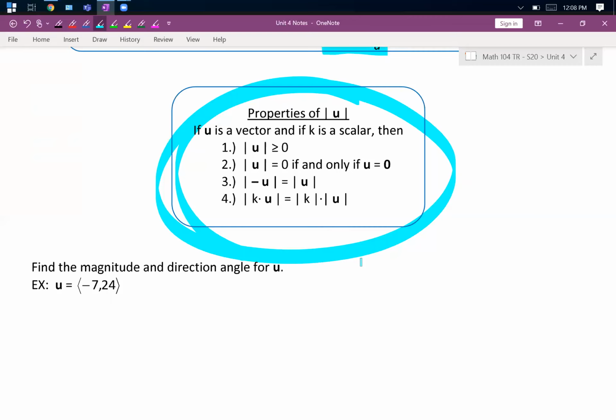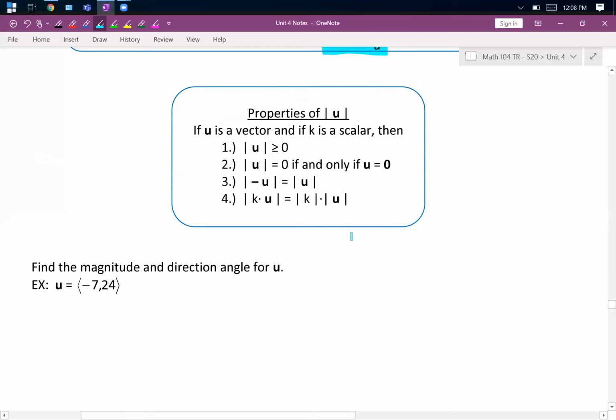Everything here applies to absolute value as well, which is why I love that they use the same notation for magnitude of a vector and absolute value, because it follows all the same properties. If you took 103 with me when we did, I think, even and odd functions, I talked in depth about some properties of absolute value, and it included this property number 4 listed for magnitude of a vector.